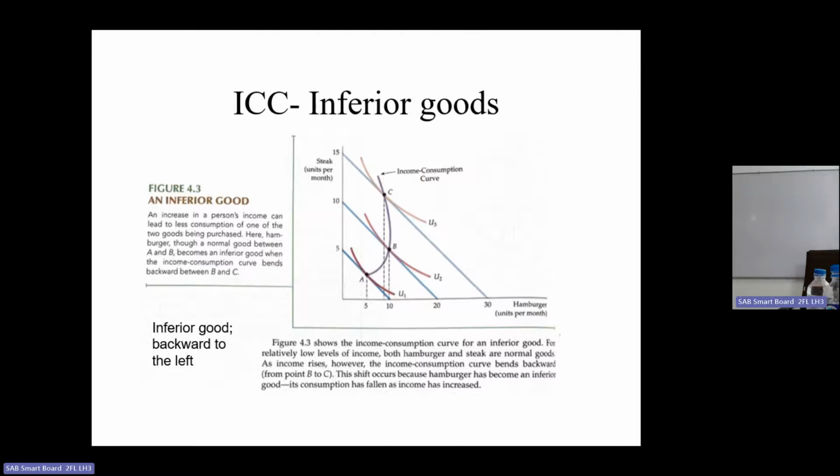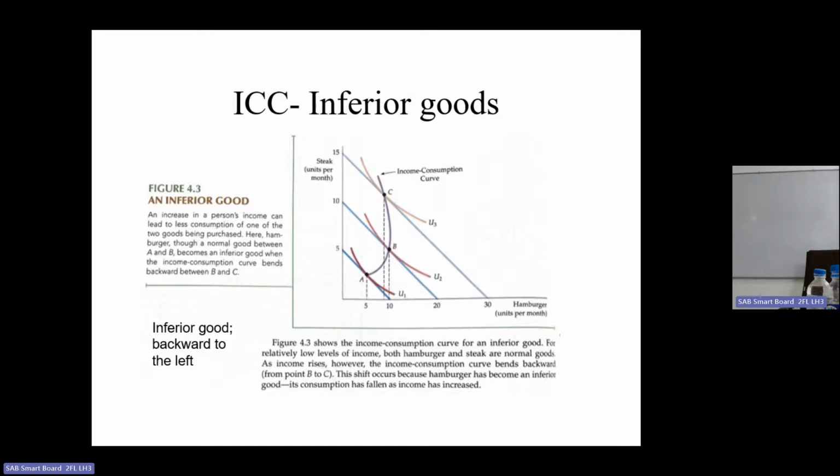After point B, when the income increases, demand for the good decreases. So this good is inferior. At the lower level of income it's normal, but when the income level increases, it becomes inferior and demand falls.